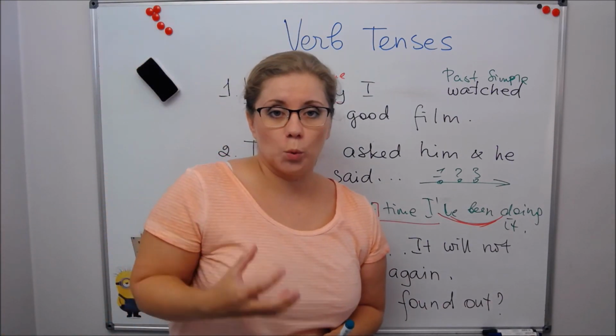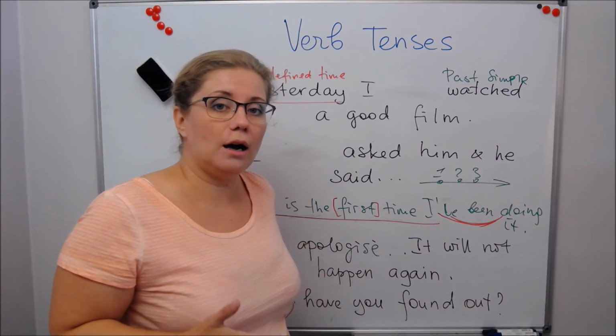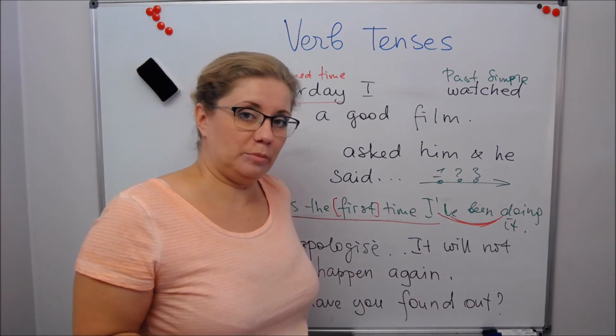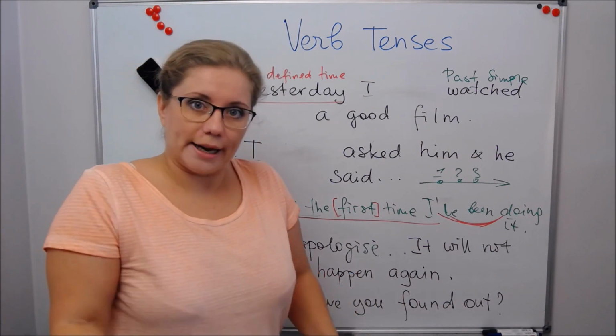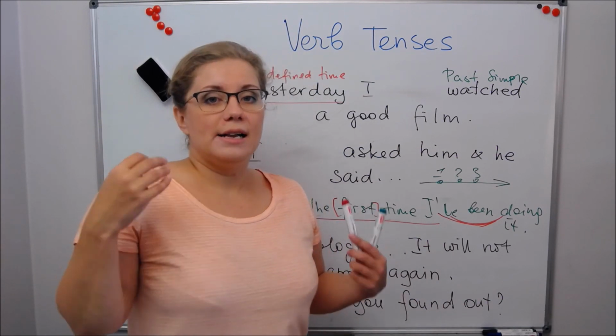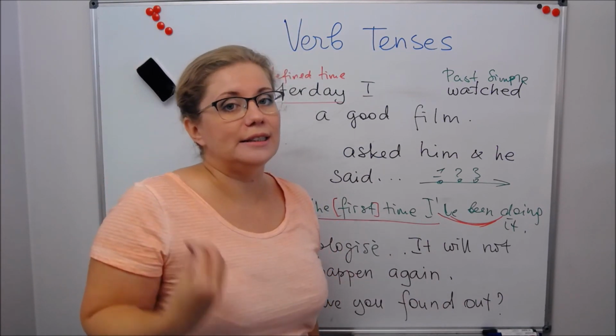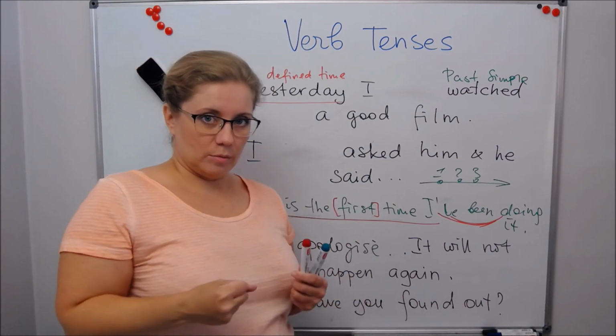That's why the word when is the strongest marker for the past simple in simple sentences, right? Because he is actually asking for the defined time. When did you do that? And in this case, you can never use when with have in such a combination.